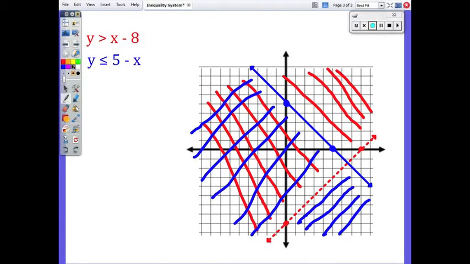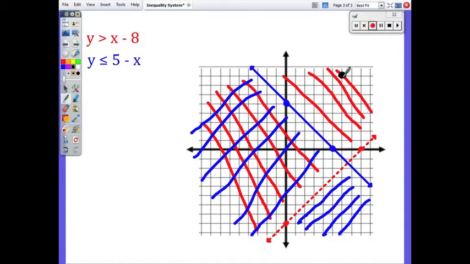For instance, if we were to look at the red inequality, where y is greater than x minus 8, and we were to have the point 6, 8, we would have a point that lays up here, and that would satisfy that inequality of y is greater than x minus 8.